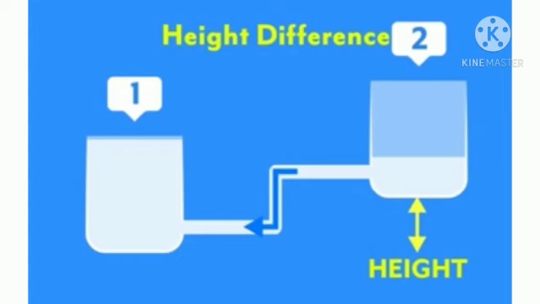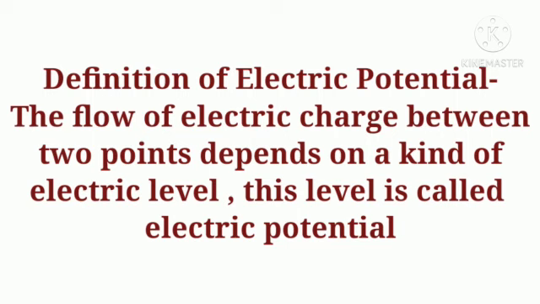Students, in this diagram, will water flow? The answer is yes, because water is released from a higher level and flows to the lower level because of gravity. As we know, the direction of the flow of water between 2 points depends on the level of the 2 points.